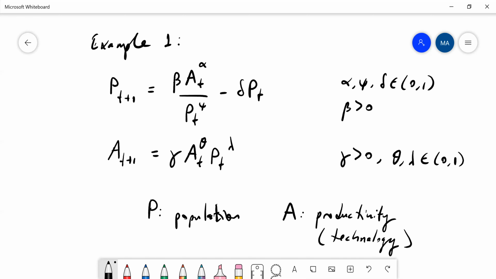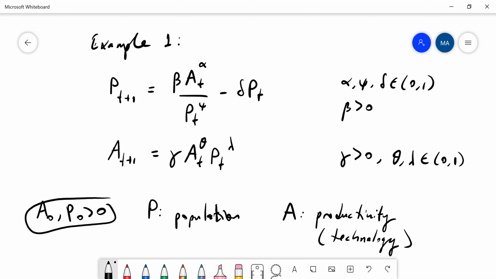And then if you have more people, more people are more creative, the markets are larger and firms want to expand their productivity level through innovation, etc. So either you have a supply channel for innovation or a demand channel for innovation, so your productivity grows. So that's your system then, and you may of course assume that initial values are positive and given.